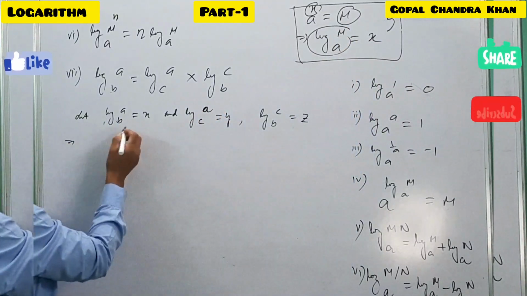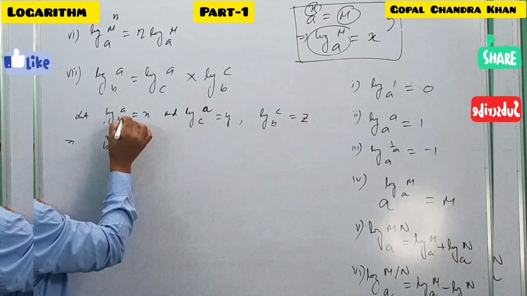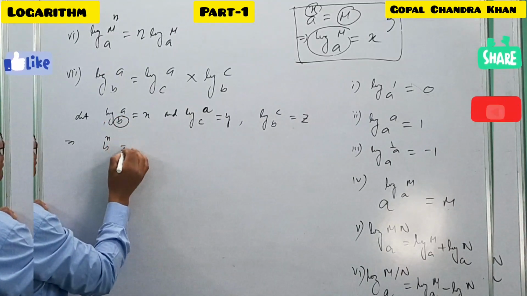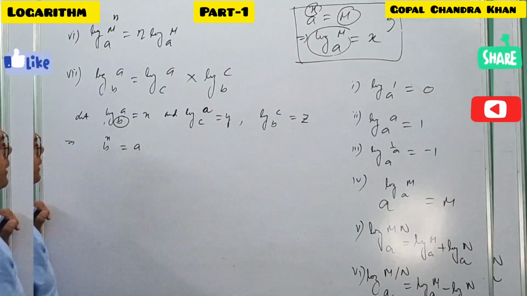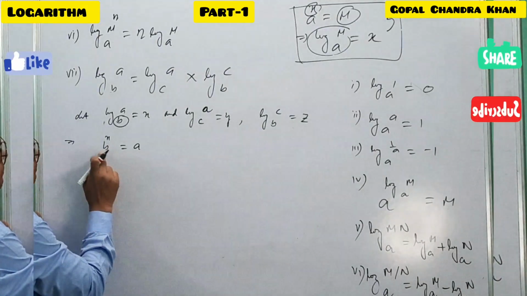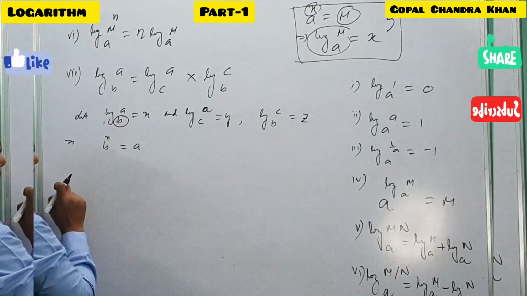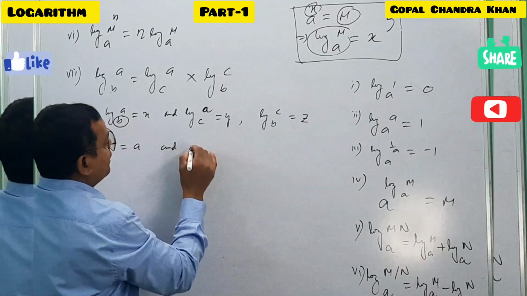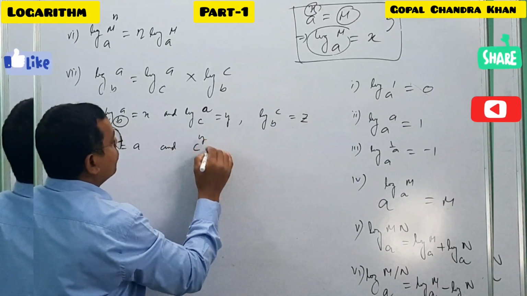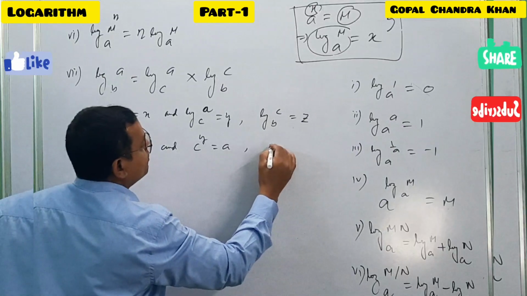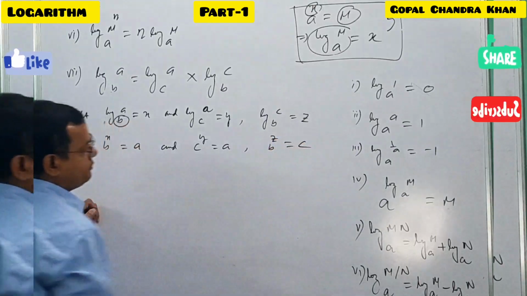In that way, b to the power x, where b is the base and x is the power, equals a. Look at this: log a base b equals x. Same way, c to the power y equals a, and here you are getting b to the power z equals c.